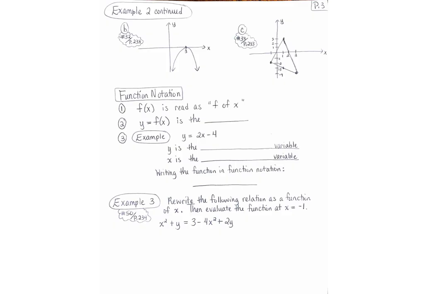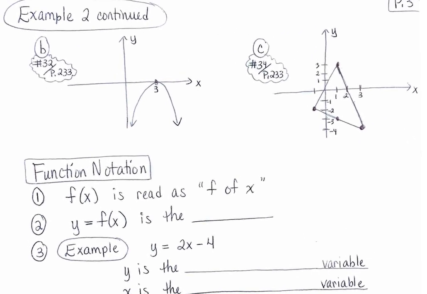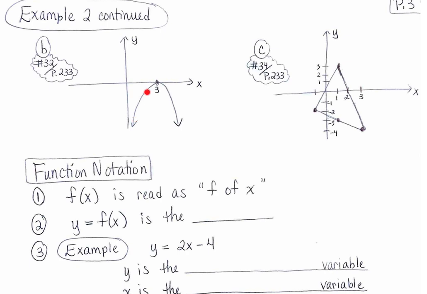All right. So, part B and C. Part B, we have an upside down parabola. Is this a function or not? I heard no, I heard yes. Which one? Yes, it is a function. Why? Vertical line test. Good.